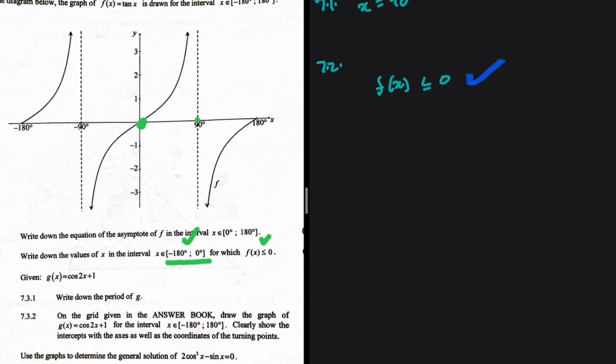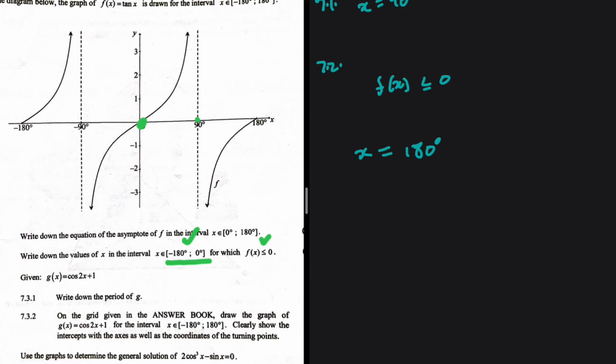Already we can see that x equals minus 180 degrees, because tan of 180 is 0. I think the effect should be the same, really. Yes, it is the same. Tan of 180 equals tan of minus 180. So that is part of our solution.